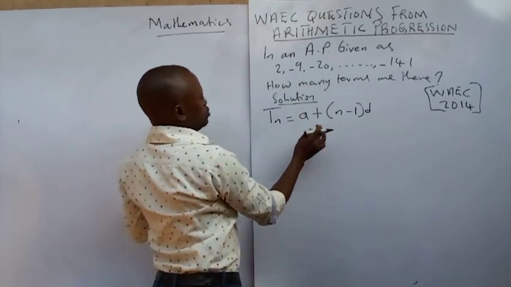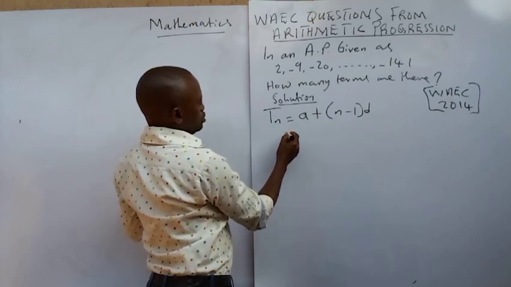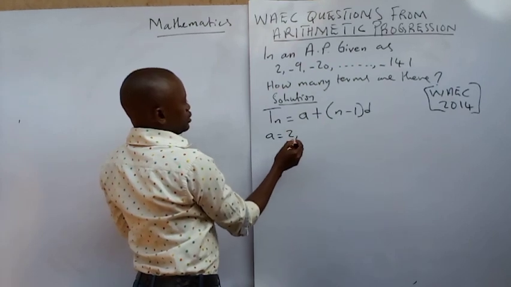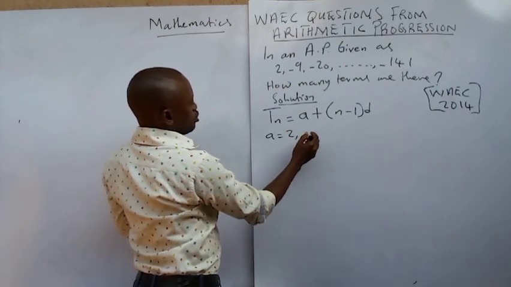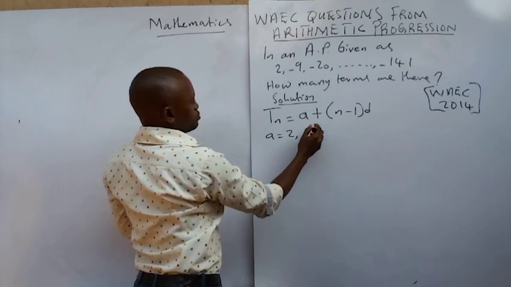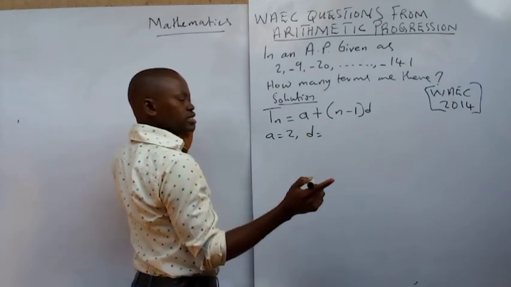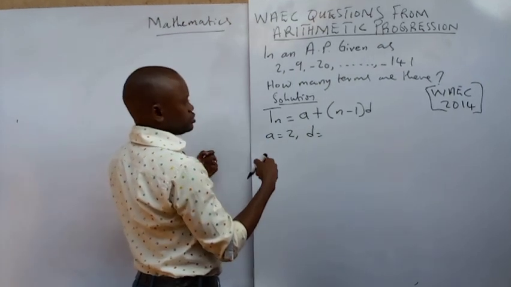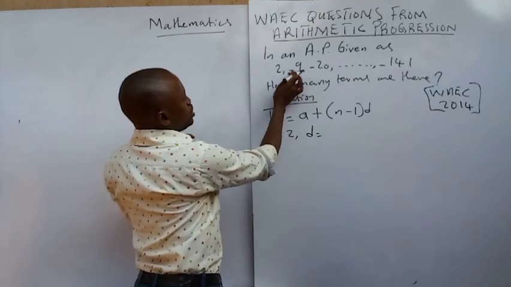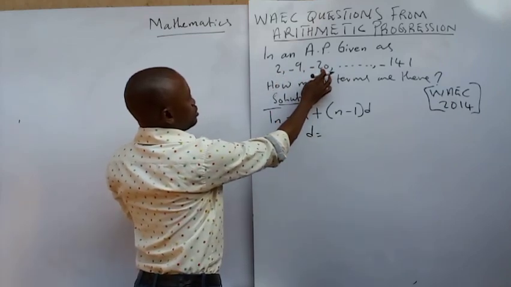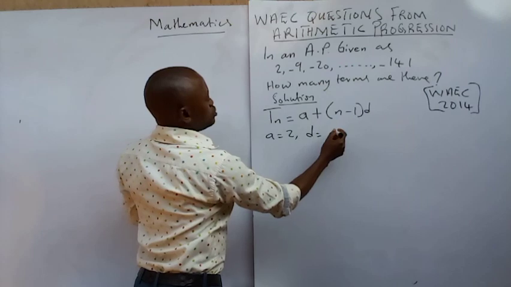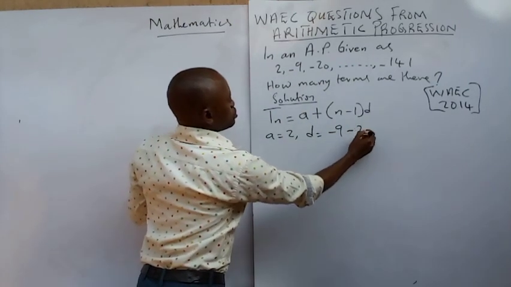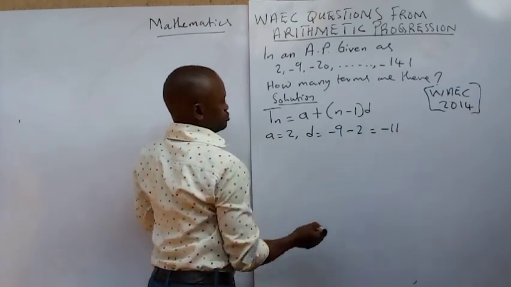Here you realize that a is 2, and then the common difference, which is d, is later minus former or previous. So you can choose between here and here, and if you choose between minus 9 and 2, you are going to have minus 9 minus 2, and that will give you minus 11.